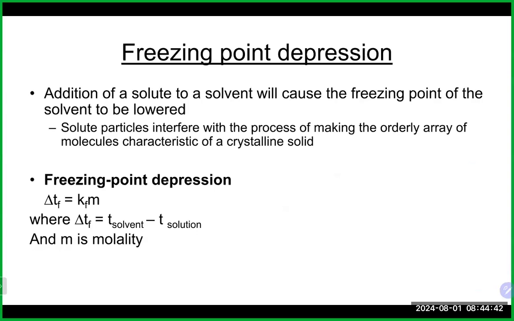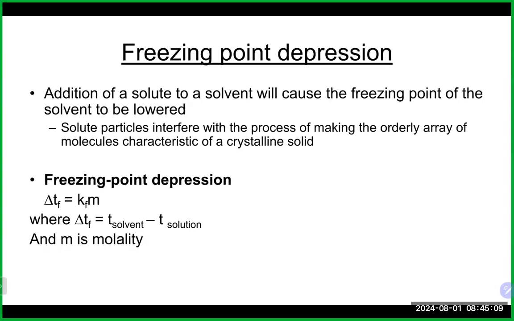The next aspect of a solution that we're going to look at, as affected by these colligative properties, is freezing point. And with freezing point, the way that a solvent, for example, is affected by the presence of these extra solute particles within the solution is they interfere with that process of everybody coming together in a nice ordered fashion.